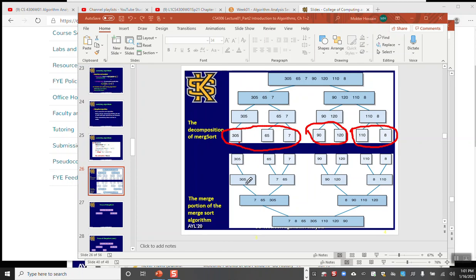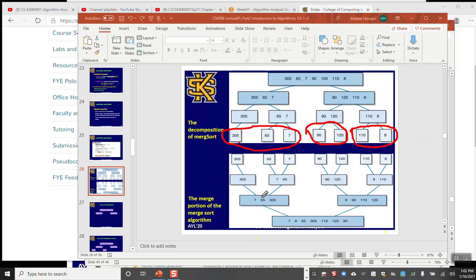These are two elements, and the comparison will go quickly, in constant time or linear time. Then 7 will come first, since 7 is smaller. Now this list is sorted and this list is sorted. So this part will come at the beginning, and this part will go at the end.